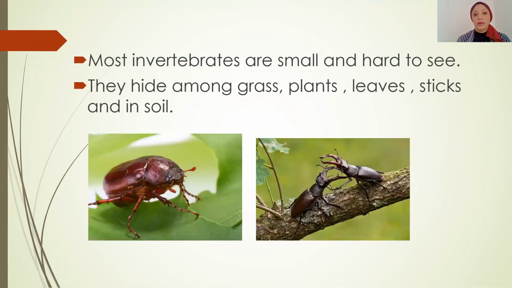Okay. Most invertebrates are small and they are hard to see. They hide among grass, plants, leaves, sticks, and in soil. We said before that animals are grouped into two main groups: vertebrates and invertebrates.